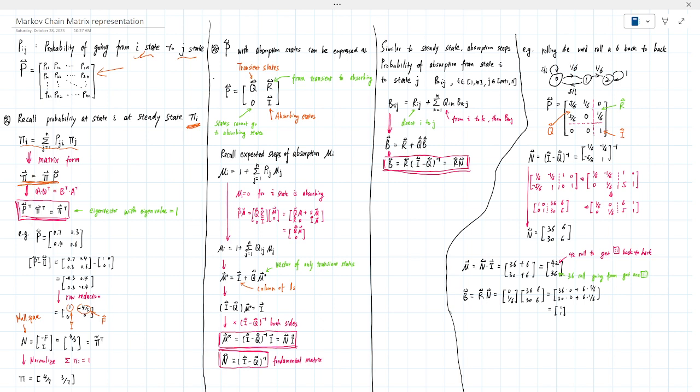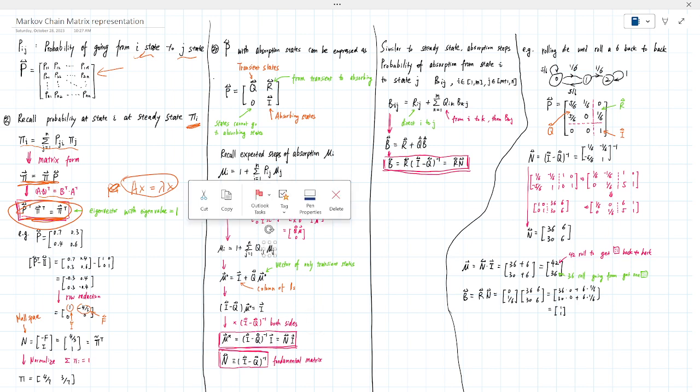If we do a transpose on both sides, we will have this expression. If you remember in linear algebra, this is essentially the equation to solve for an eigenvalue and eigenvector.